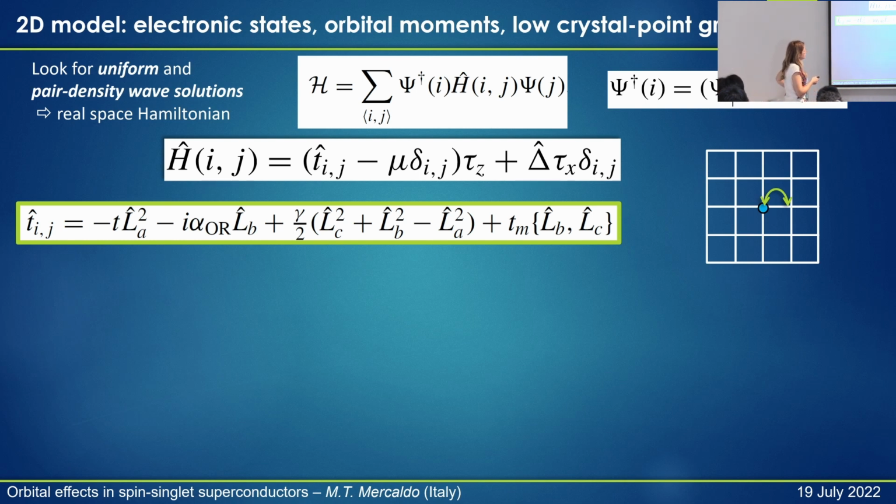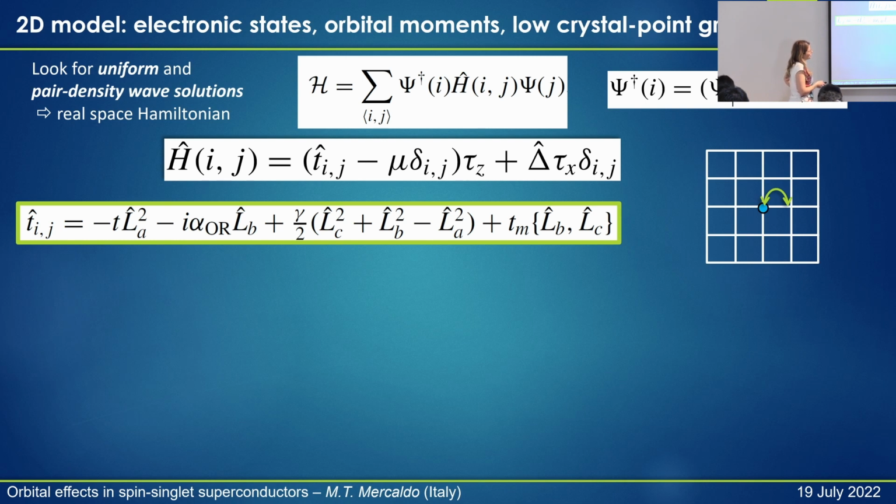And this part is the superconducting part. These have all the other ingredients, and it's written in terms of the operator of the orbital angular momentum. If we have a connection along, we consider a square lattice, it's the easiest one.